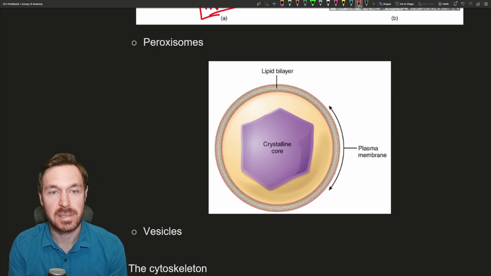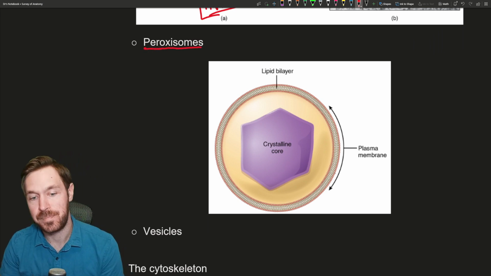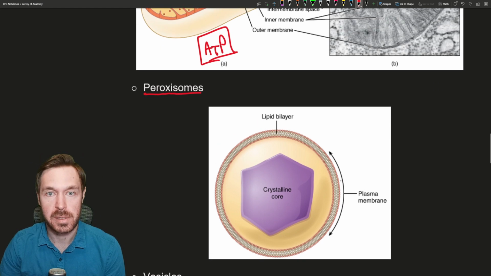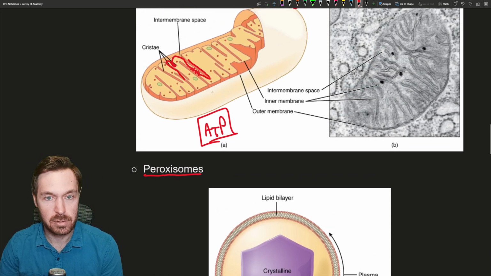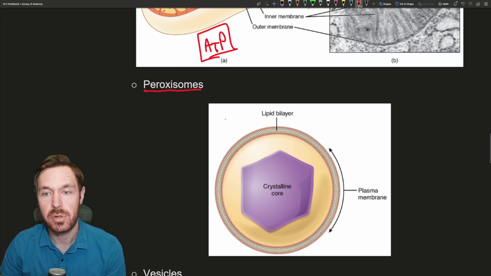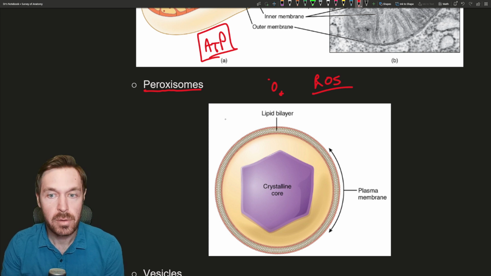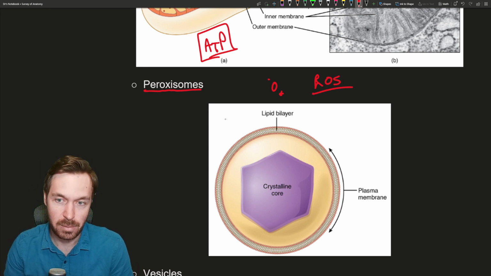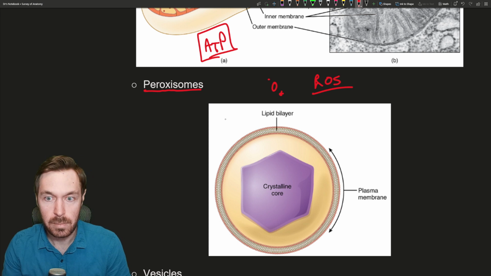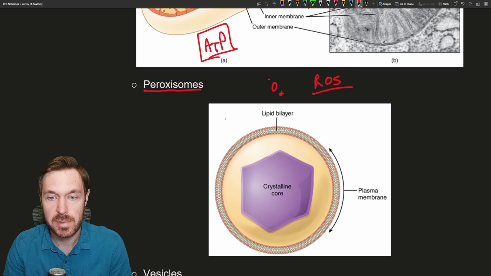Next up, we have the peroxisomes. Perox, think peroxide. One of the byproducts of the mitochondria here in the electron transport chain is that sometimes you can create oxygen free radicals, or reactive oxygen species, which is what ROS stands for. Those can be very dangerous to the cell. So what this peroxisome does, again, it's a phospholipid bilayer with some enzymes inside of it.